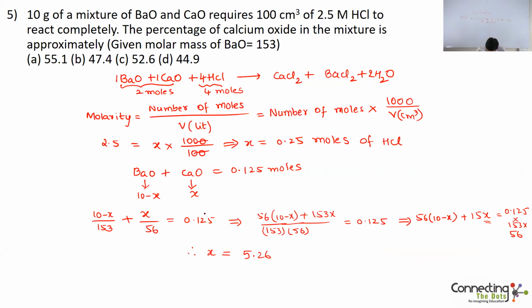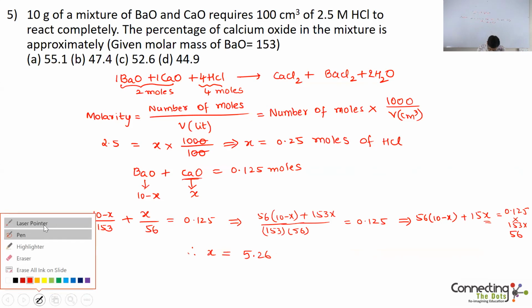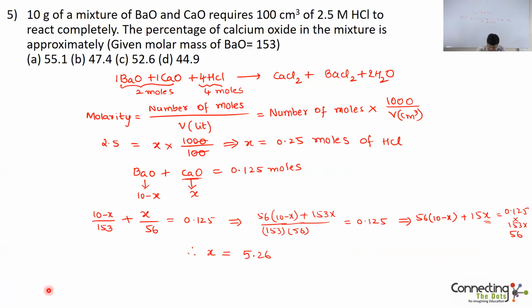So x, which is nothing but calcium oxide, is what we considered. Now from that you can calculate the percentage of calcium oxide. So how to do it? Calcium oxide mass is 5.26. So percentage of calcium oxide will be equivalent to 5.26 divided by total mass.